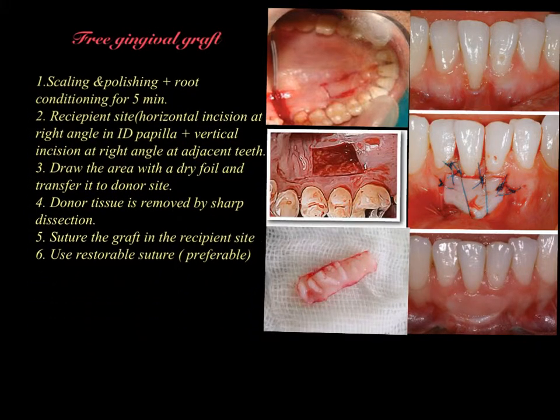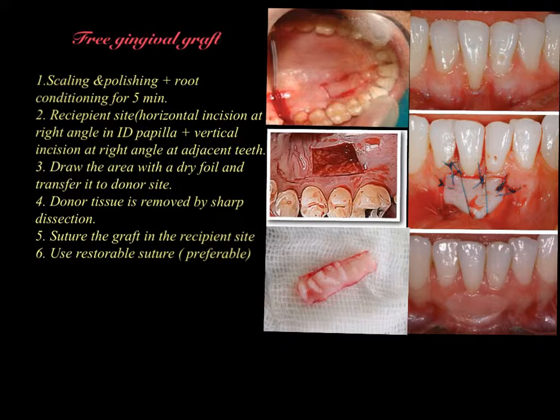Second, in the recipient site, we do two horizontal incisions, like here and here, at right angle in the interdental papillae, plus vertical incisions at right angle at the adjacent teeth.